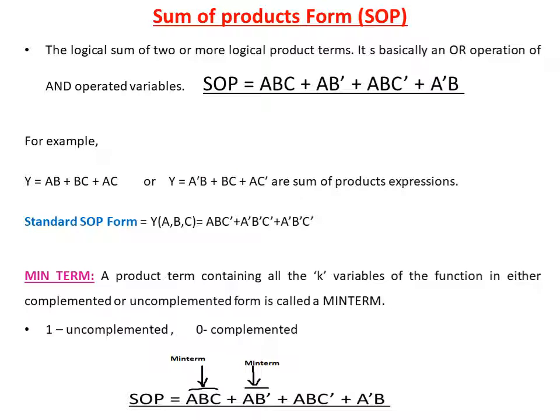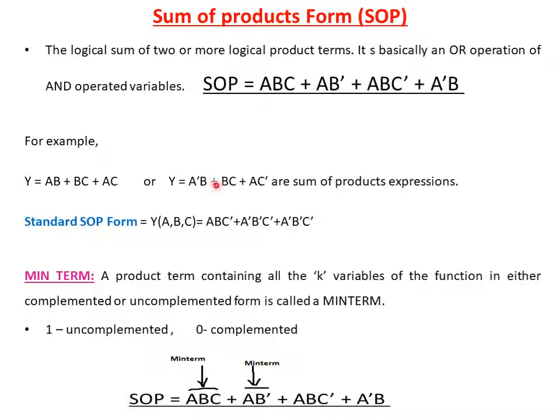Now what is standard sum of product form? In standard sum of product form, each product term should have all the three variables in either complemented or uncomplemented form. For this example, here ABC dash, the total variables are 3, that are A, B, C. The 3 variables are represented in each product term, so this expression is called standard SOP form.